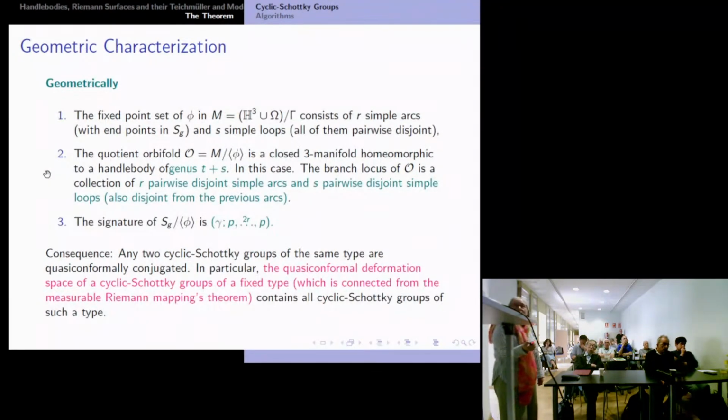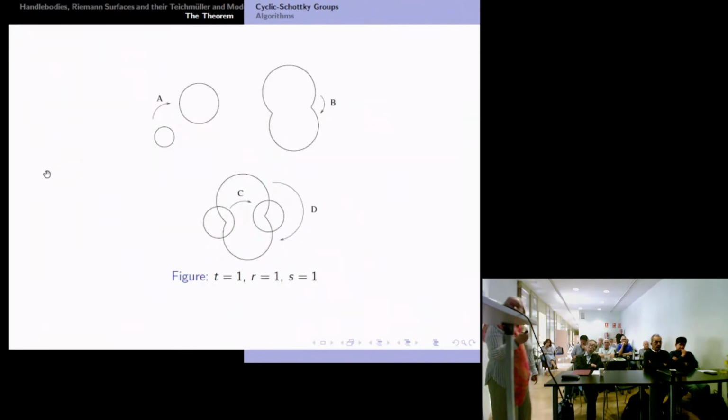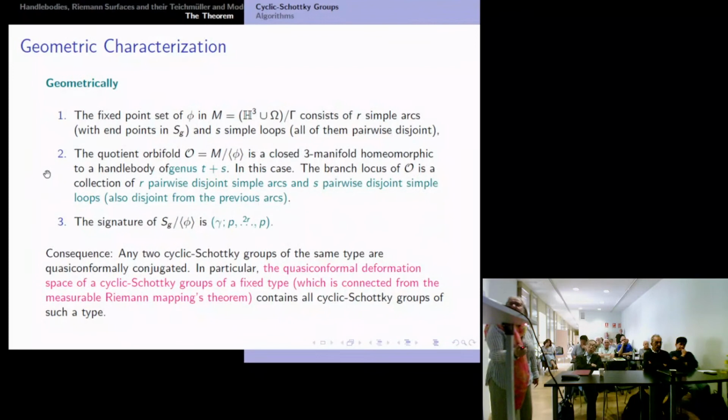And now we can in fact find the geometry just by doing this. Geometrically, for the action of the automorphism of order P on the handlebody, we have fixed points, which will be R simple arcs, which give us 2R cone points on the boundary, on the Riemann surface.